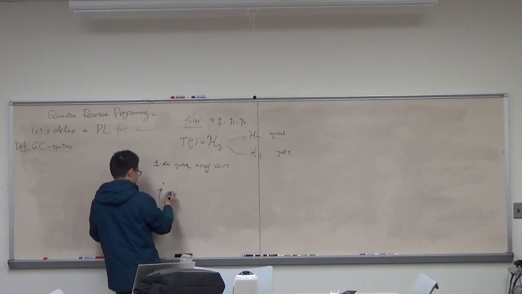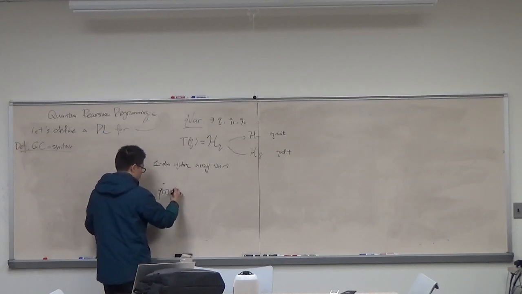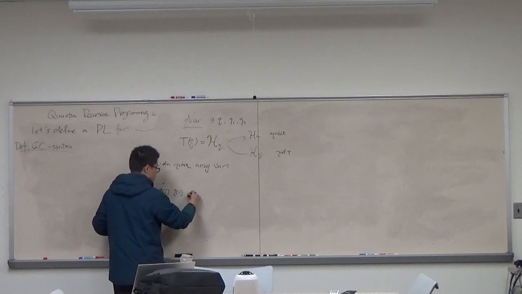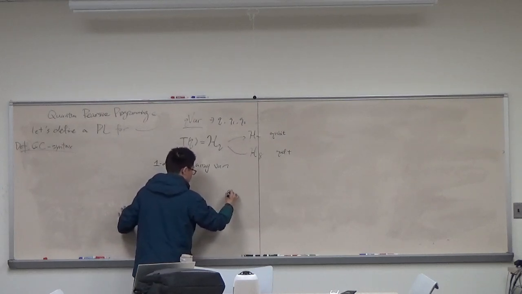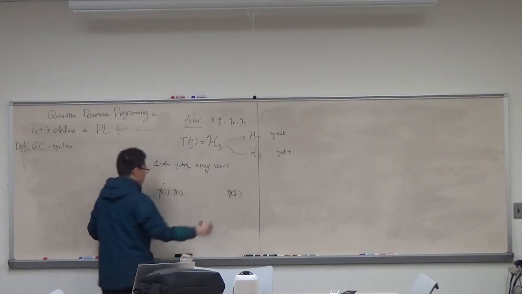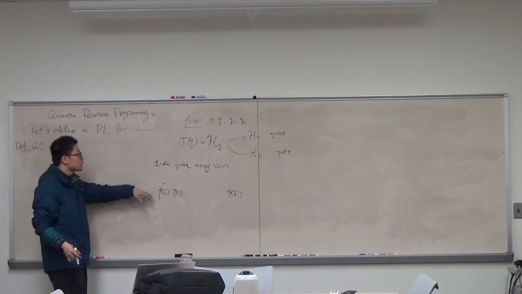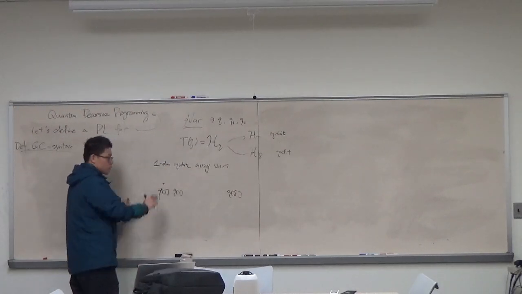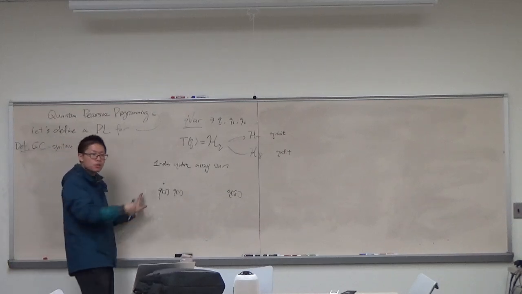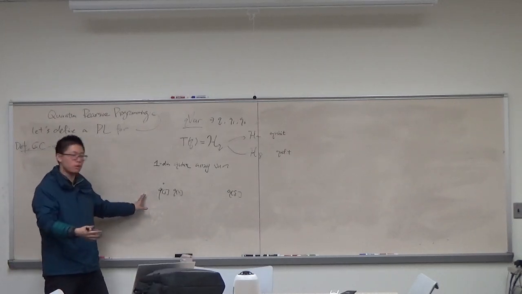So this first one we will call Q1, Q2, to Q8. So what is the type, or the Hilbert space, corresponding to this whole array? It should be the composite system of these qubits, right?